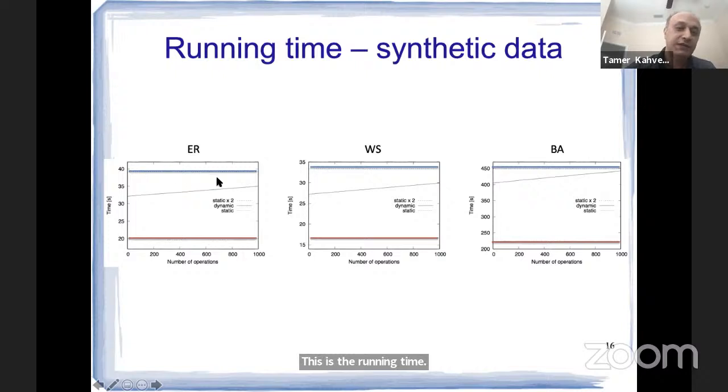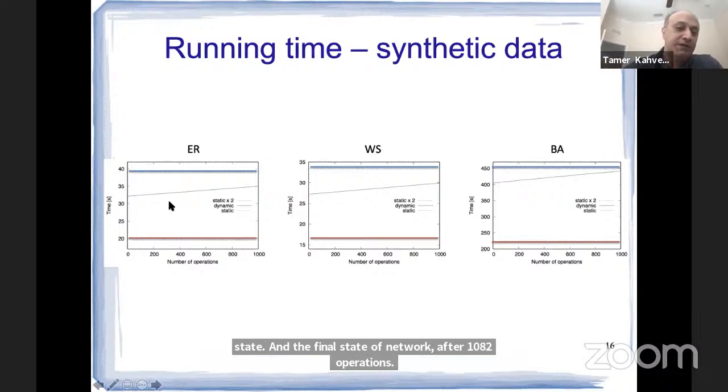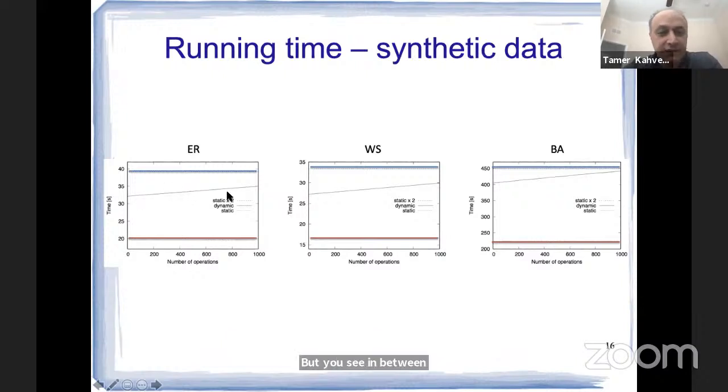The blue horizontal line shows you the total time to calculate the motif count only for two states of the network, which is the initial state and the final state of the network after 1,000 edit operations. What you see in between, this diagonal line, is the running time of our algorithm for calculating the motif count at each and every state of the network for 1,000 consecutive network edit operations.